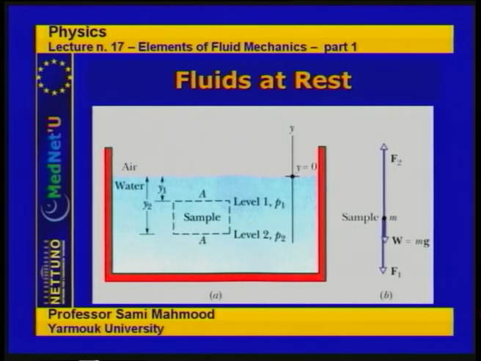And we consider the y-axis as the axis upward. So upward over the surface of the fluid is the direction of increase of this coordinate y, with y equals 0 at the interface between air and the fluid.